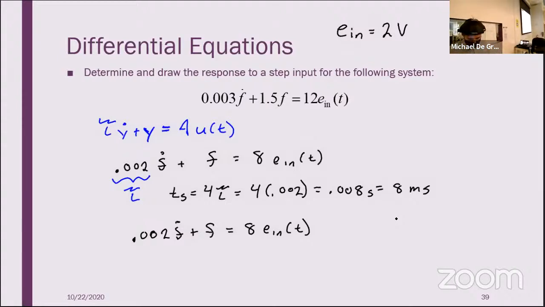Which means that at steady state, the input hits 2 volts. At steady state the transient part, the derivative, goes away. So F at steady state is equal to 8 times En at steady state, which is 2, giving us 16. And that's in newtons.